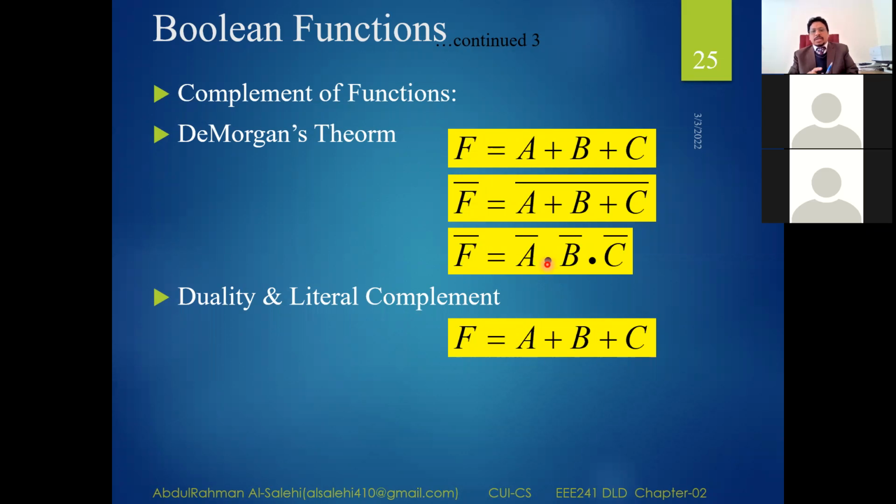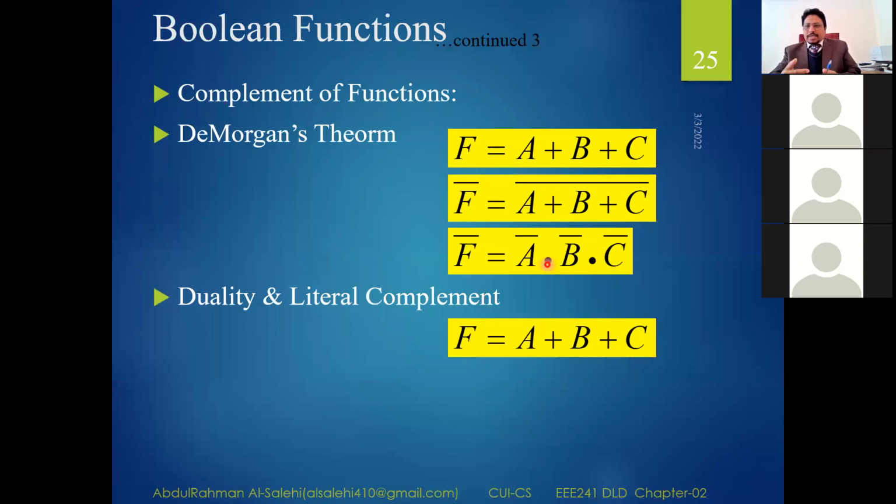Okay, so this is in a very simple way, and this result will give you something similar to the duality and the literal implements. So in literal and in duality, you are going to do the same steps. Just shuffle these two steps.